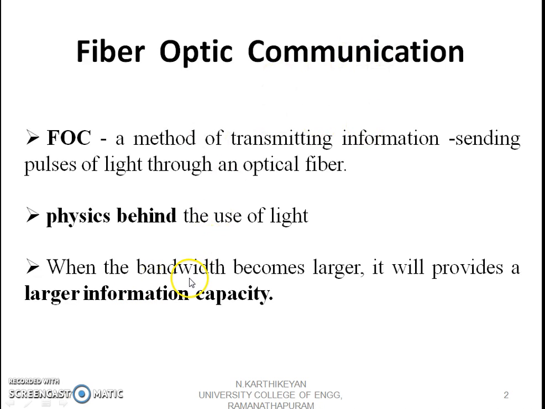When the bandwidth becomes larger, it will provide a larger information capacity. For providing larger bandwidth to transmit high information capacity, more data, we are going for fiber optic communication.